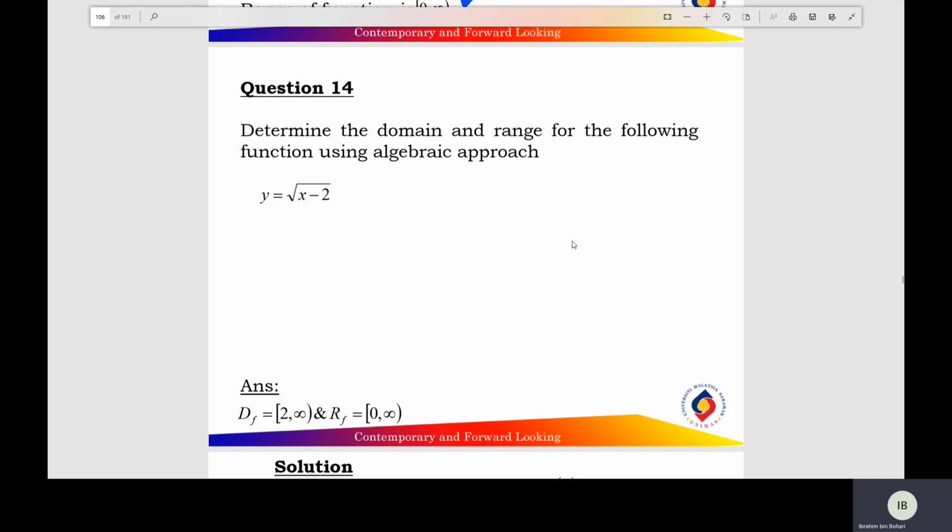Okay, question 14. Find the domain and range of the function using the algebraic approach. f(x) equals the square root of x minus 2.